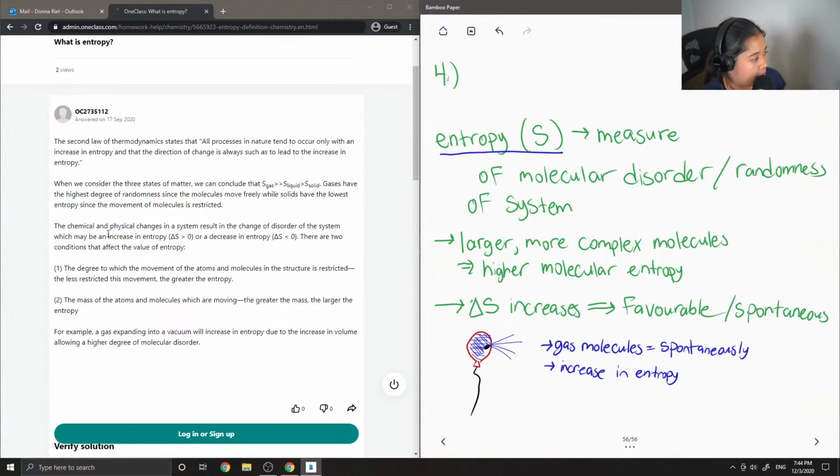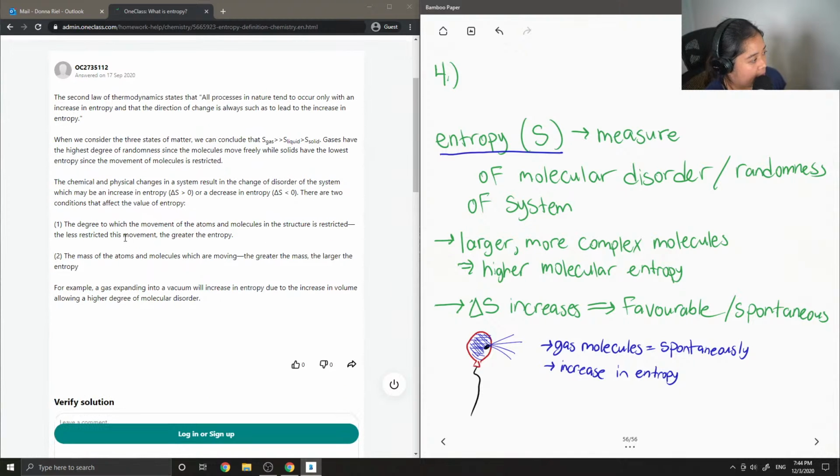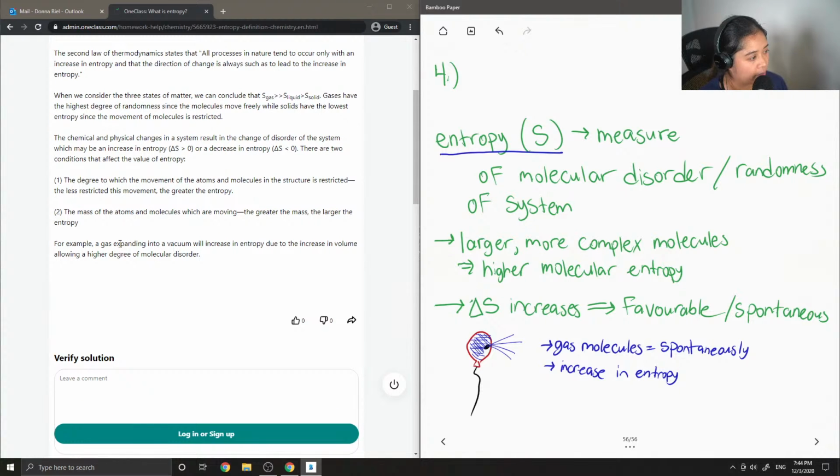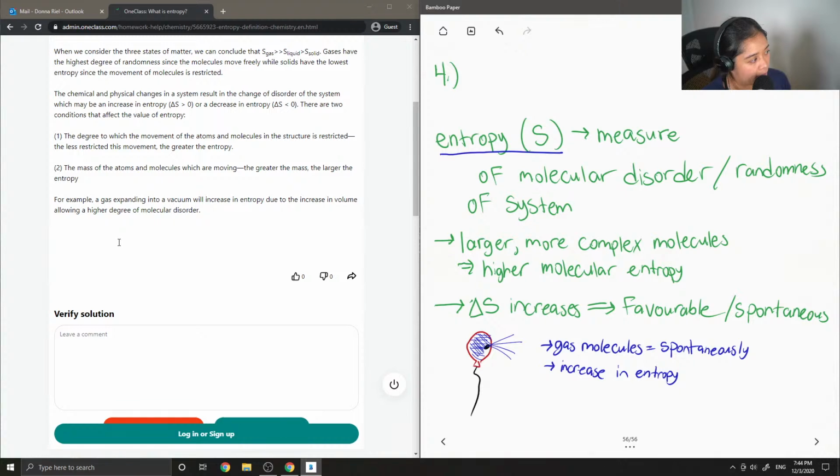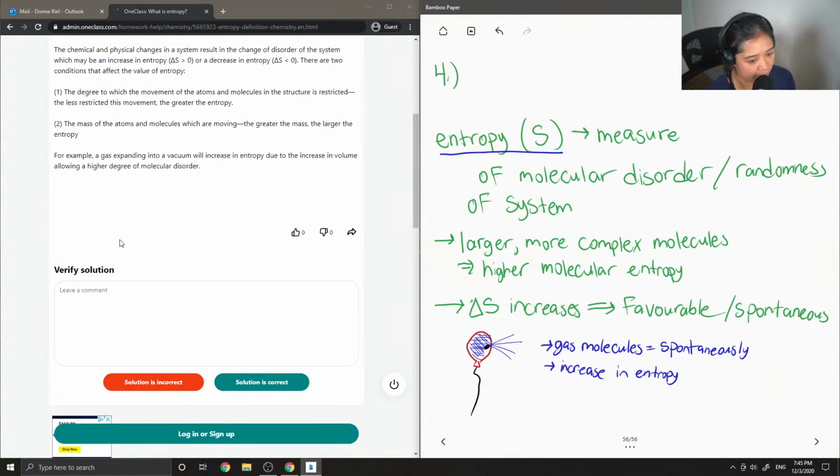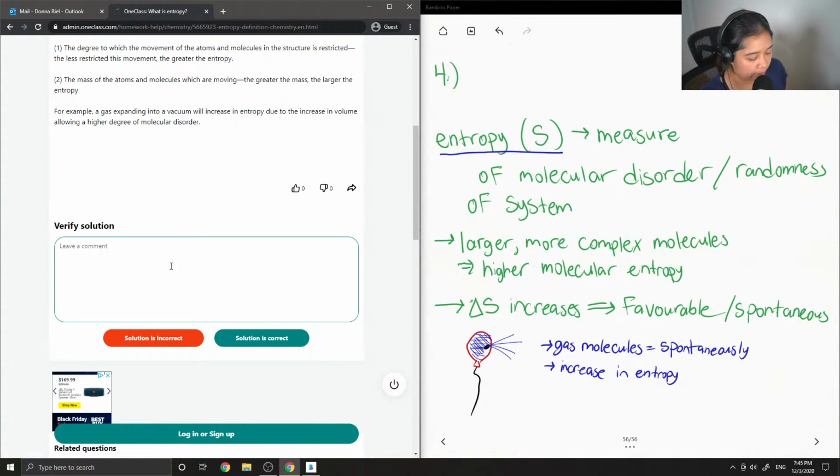So the less restricted this movement, the greater the entropy. Secondly, the mass of the atoms and molecules which are moving: the greater the mass, the larger the entropy. So for example, a gas expanding into a vacuum will increase in entropy due to the increase in volume, allowing a higher degree of molecular disorder. Yep, so this solution is correct.